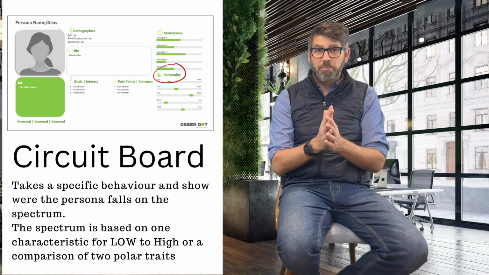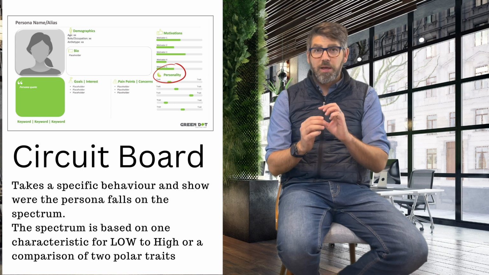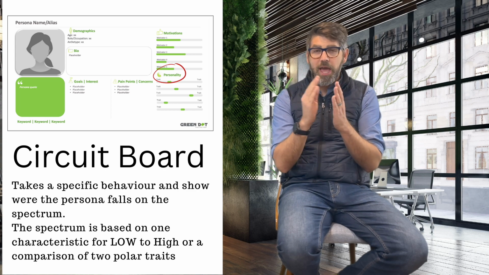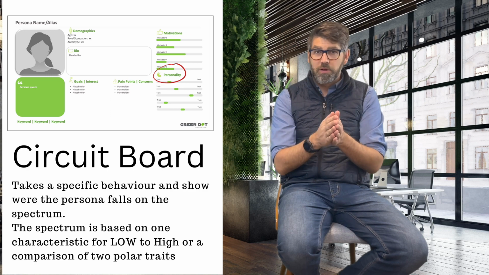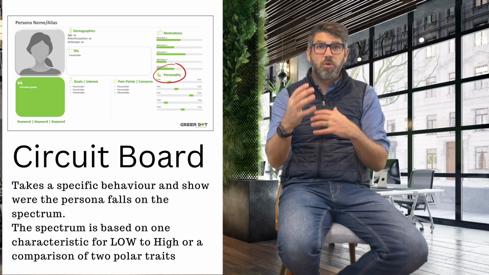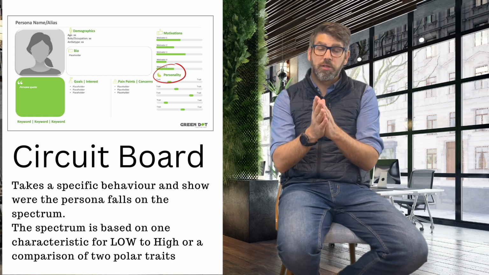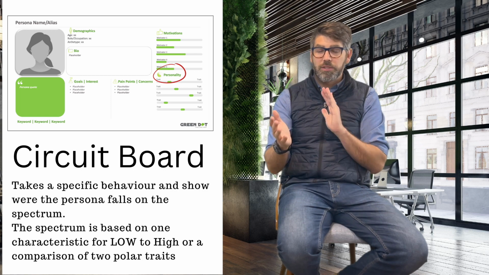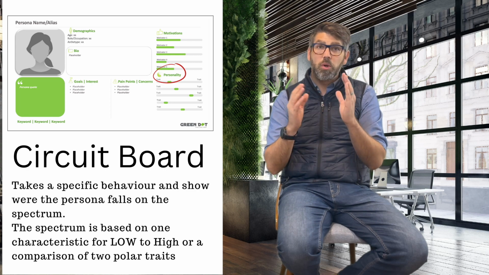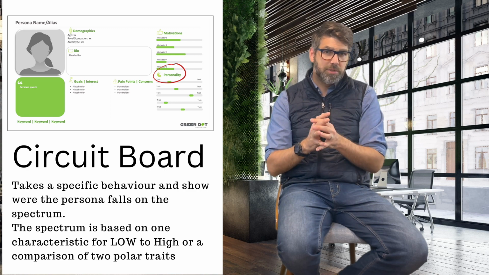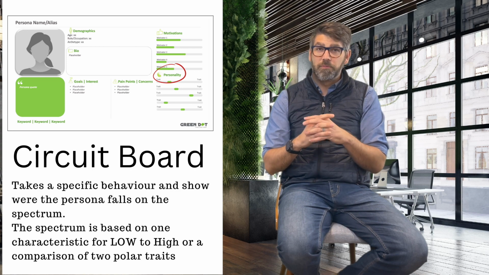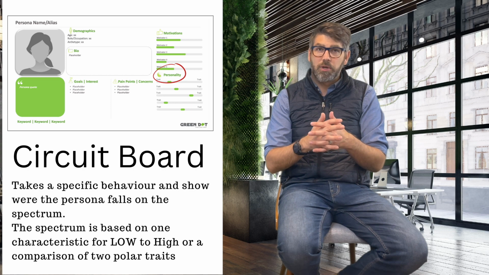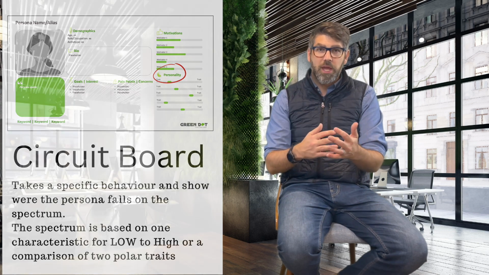The circuit board, for example, will take a specific behavior and, on a scale from low to high, just show where that persona falls on that spectrum. So you can do a circuit board based on one characteristic from low to high, or on the circuit board you might see a comparison of two polar traits and where the persona sits on that spectrum, to help quickly know where this person is in regards to this trait or behavior.